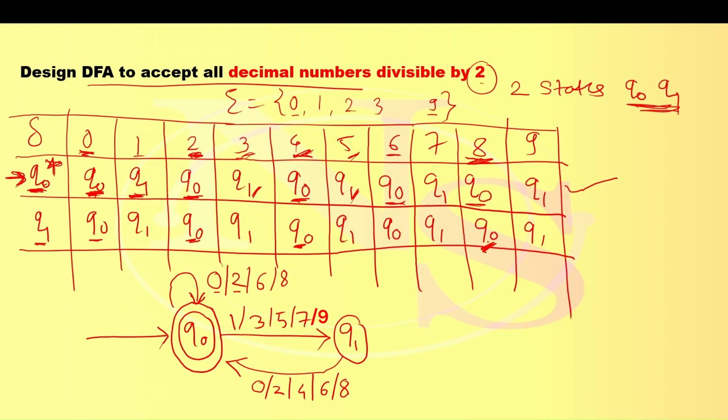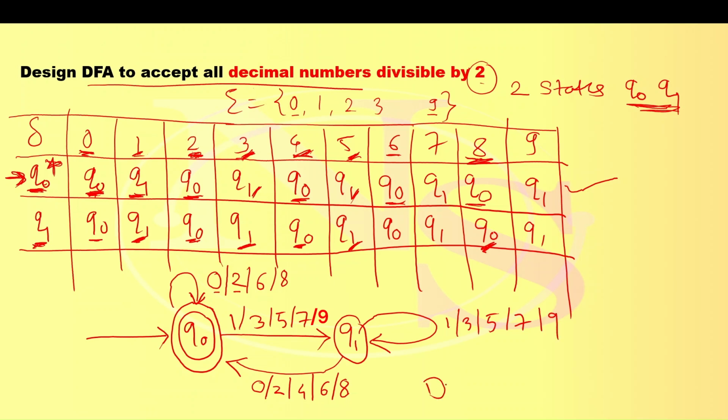See, it's going to Q0. Next, Q1 reading 1 going to itself, self loop. Q1 reading 1 going to Q1. Q1 reading 3 going to Q1. Q1 reading 5 going to Q1. It means Q1 goes to itself for all odd numbers 1, 3, 5, 7 and 9.